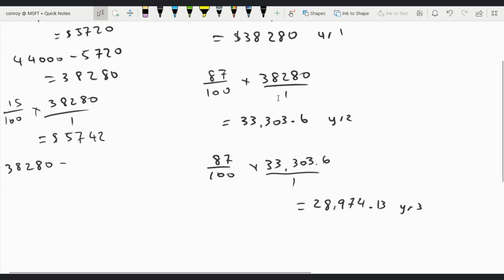I may have to check this question again, but we would stick with this option, which is that we deducted the 13% each time. Oh my, I wrote 15 when it should be 13% right here. That's where the magic is.